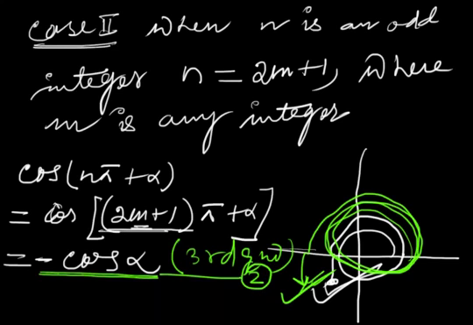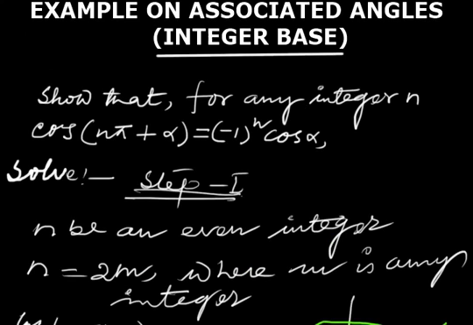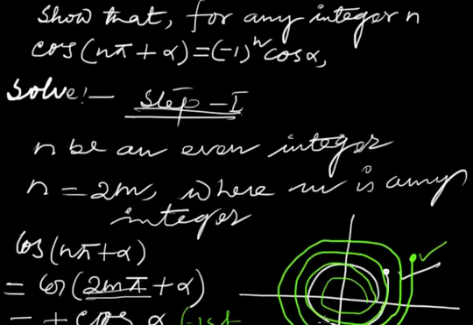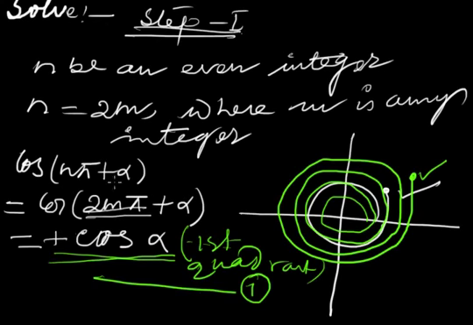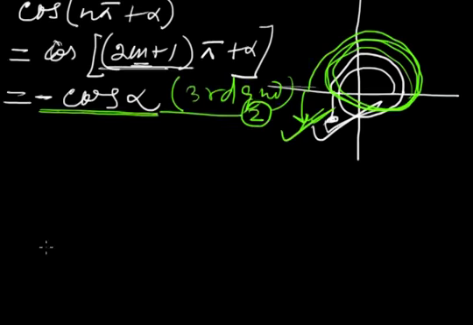Now, in step 1 we already saw that cos(nπ + α) equals cos α, and in equation 2 we see that cos(nπ + α) equals minus cos α.